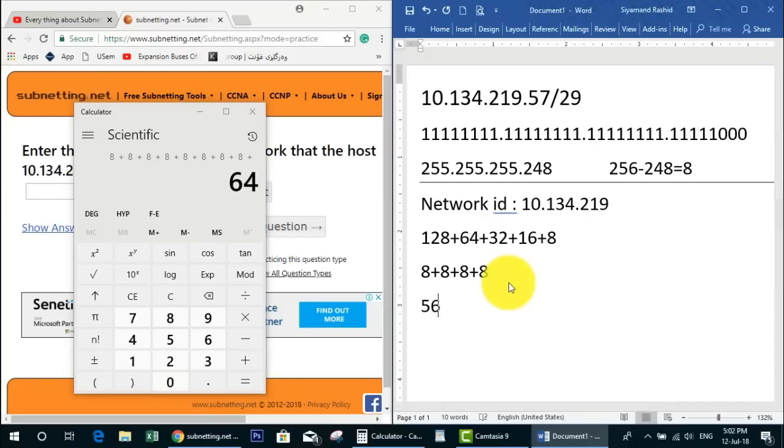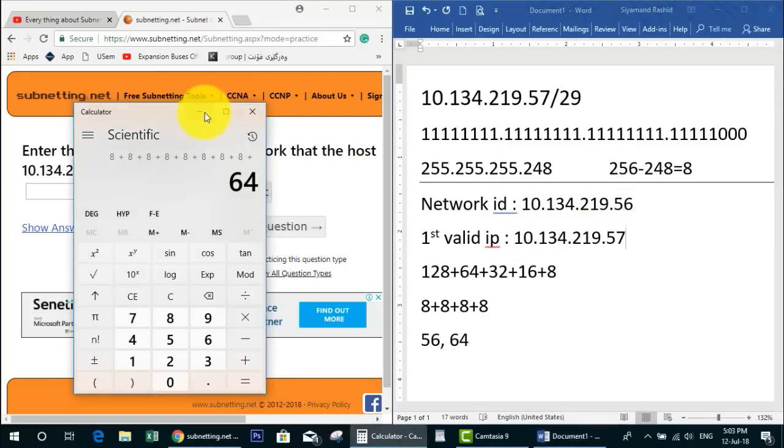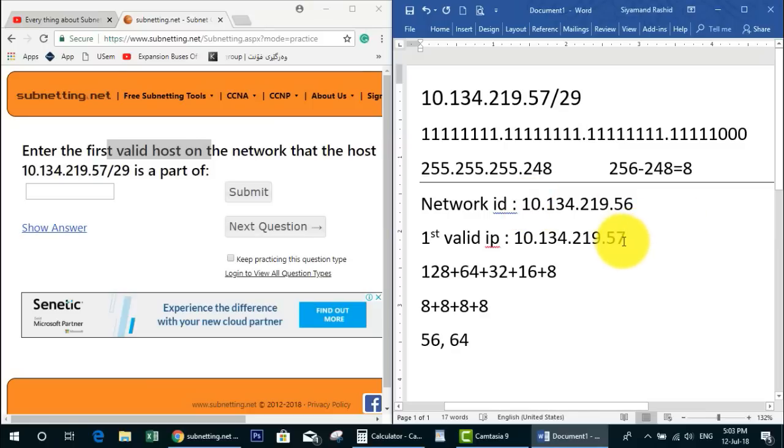This is the last number, and we use the number before it, 56. We just put it here. This will be the network ID, and the first valid IP will be the network ID plus 1: 10.134.219.57. So this should be the first valid IP address.